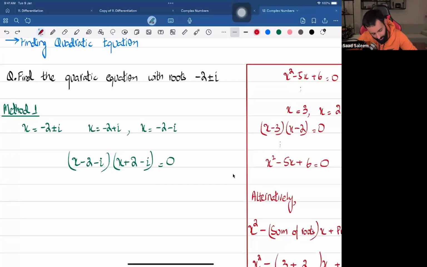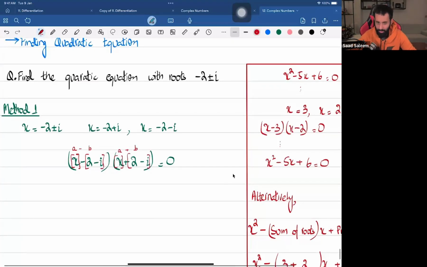But as of now, x is A and 2 minus iota is B. So this is A minus B into A plus B. This way we'll save some time and we won't have to individually multiply every single term. So let's apply the identity over here and let's see what we get. We get x square minus 2 minus iota, the whole thing square.